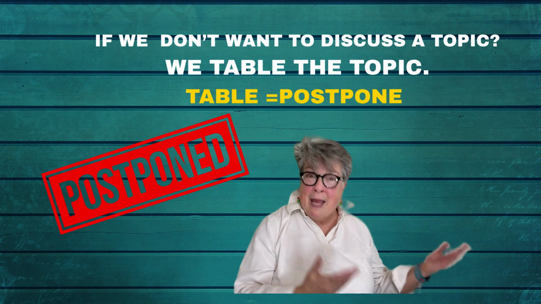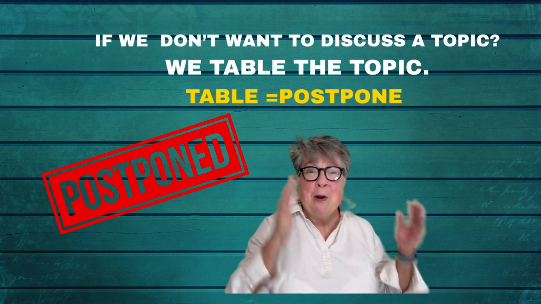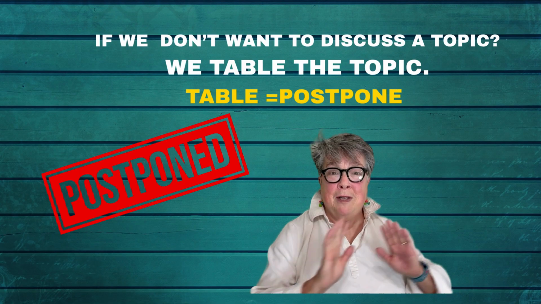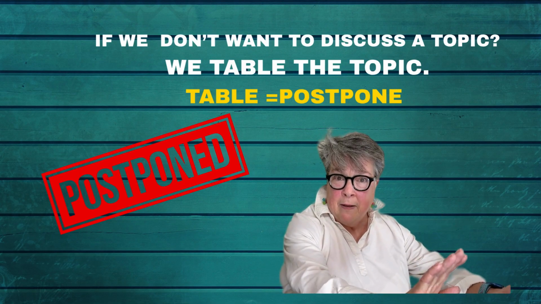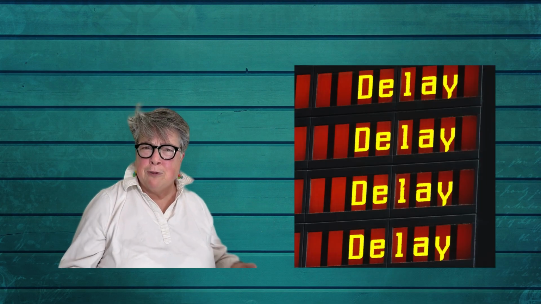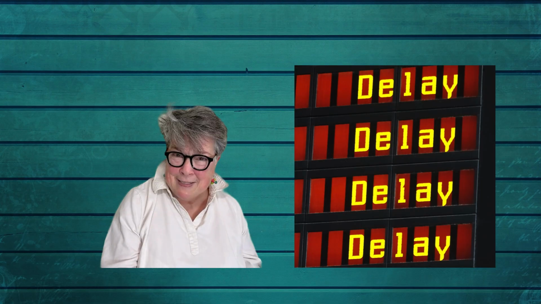Yeah, we're going to table it. We're going to table the conversation. We're going to table the issue. We're going to delay it for another day. Got it? Table can be that. And table can also mean you're going to delay something.